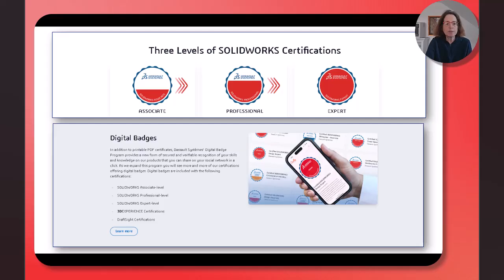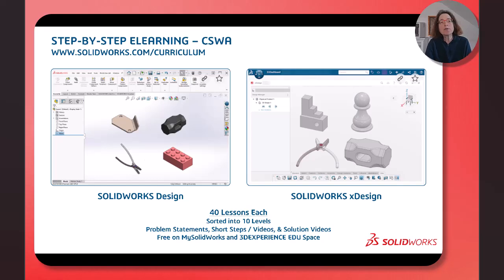With the exams, SOLIDWORKS Associate and Professional Level and 3D Experience certifications, students receive digital badges that they can use on their social media. We also provide the educator with important step-by-step e-learning curriculum for preparing students to take the certification exam.